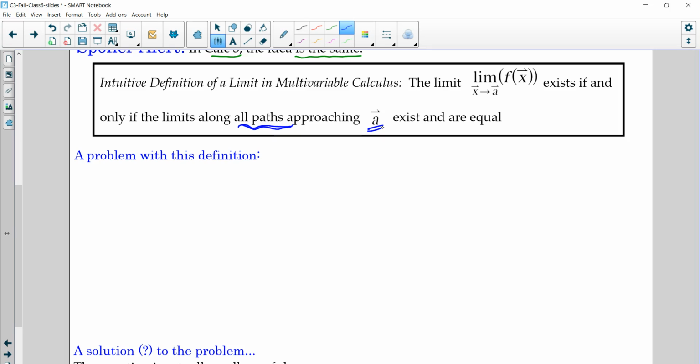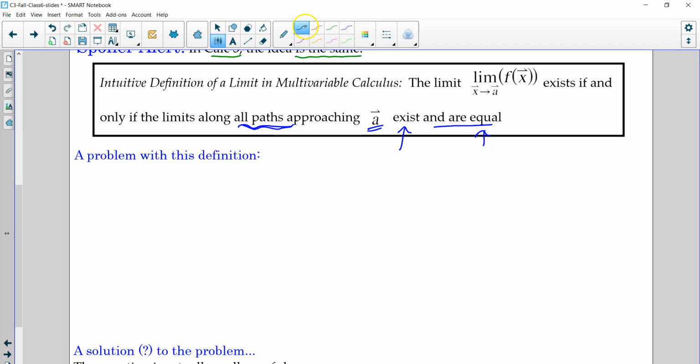Again, we're thinking of that point as a vector. They have to exist and are equal. You might imagine that there's a tricky part with this definition: all paths have to exist and be equal. How in the world do we check all paths?